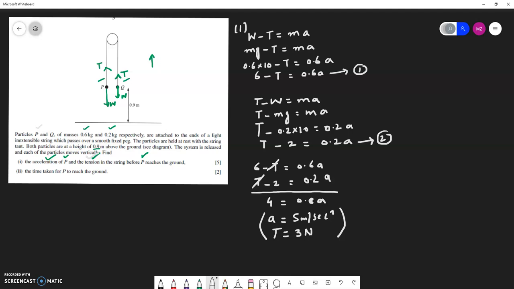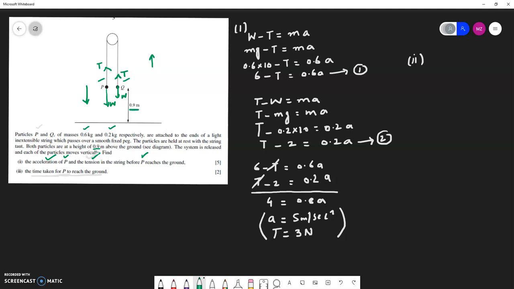Now the second part. We are required to find the time taken for P to reach the ground. Now we know that P is moving downward in this direction, and the height of both P and Q from the ground level is 0.9.